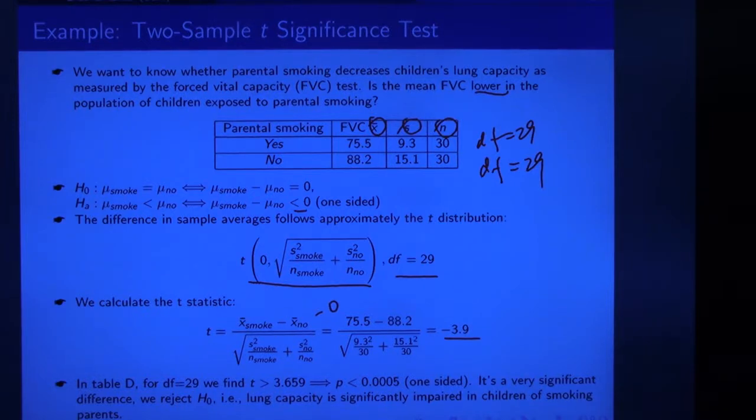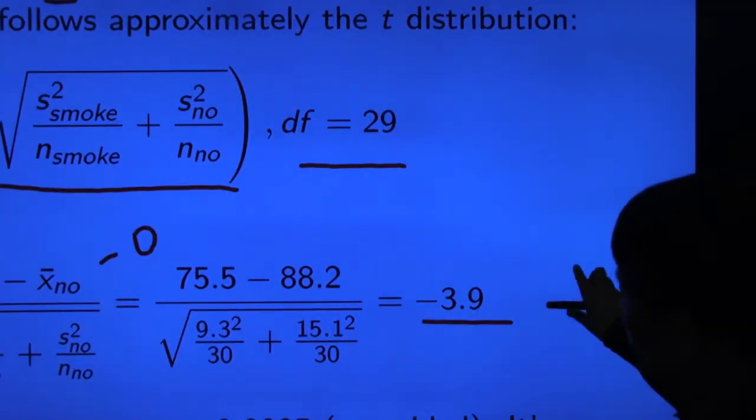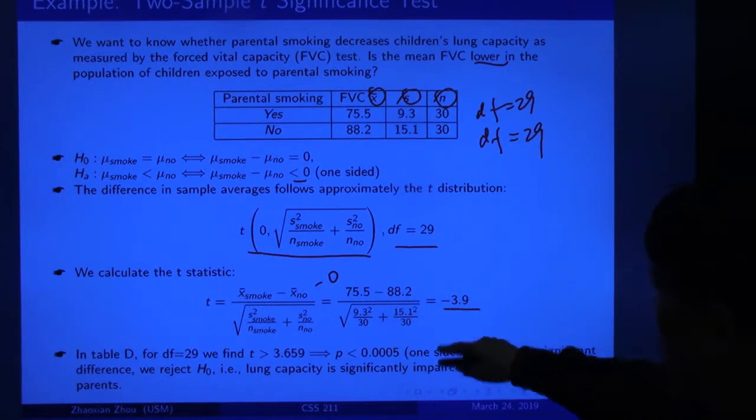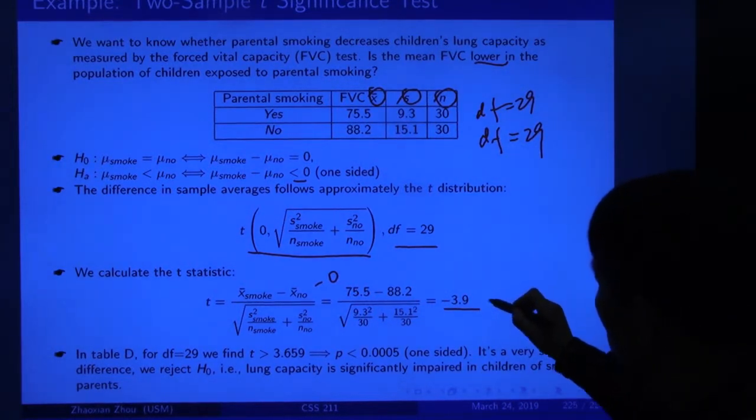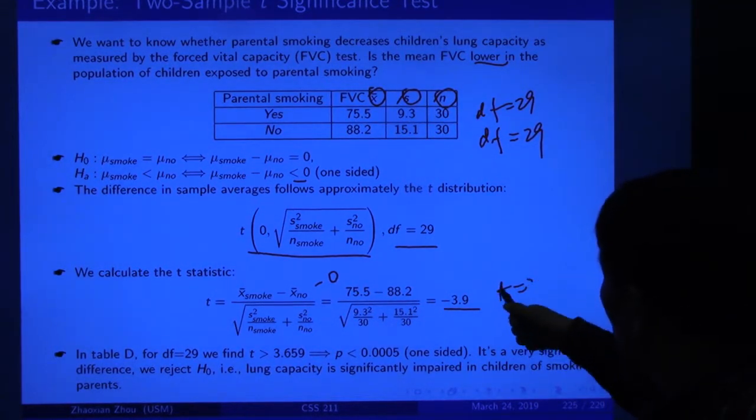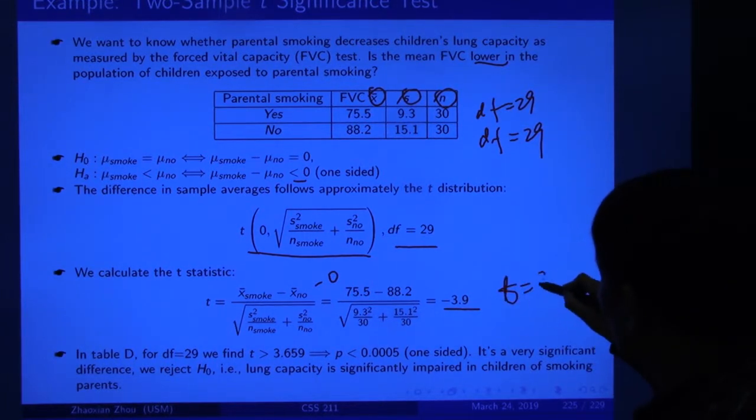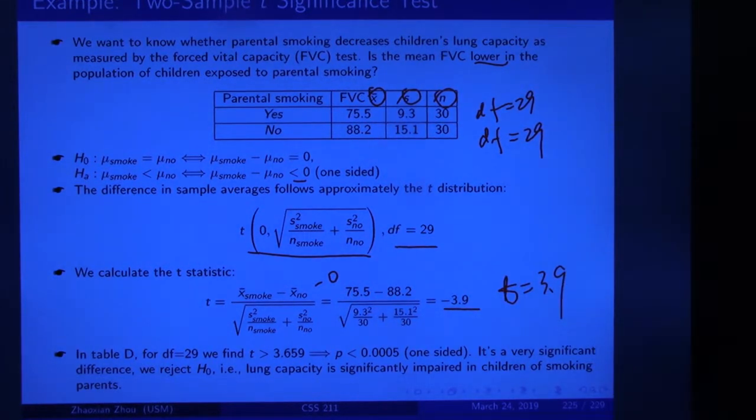As discussed in the normal distribution, where we use a t statistic, we only care about the absolute value. So we don't need to care about the negative sign. So this means t equals 3.9.